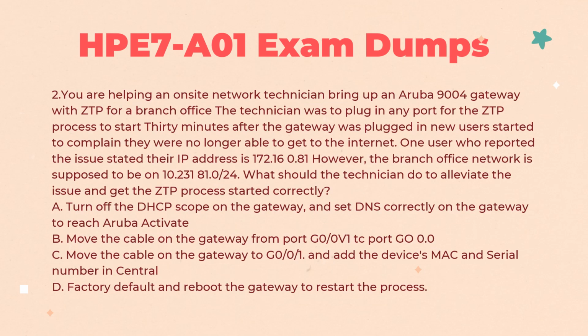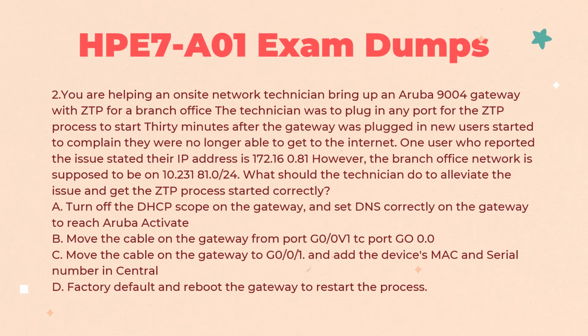2. You are helping an on-site network technician bring up an Aruba 9004 gateway with ZTP for a branch office. The technician was to plug in any port for the ZTP process to start 30 minutes after the gateway was plugged in. New users started to complain they were no longer able to get to the Internet.